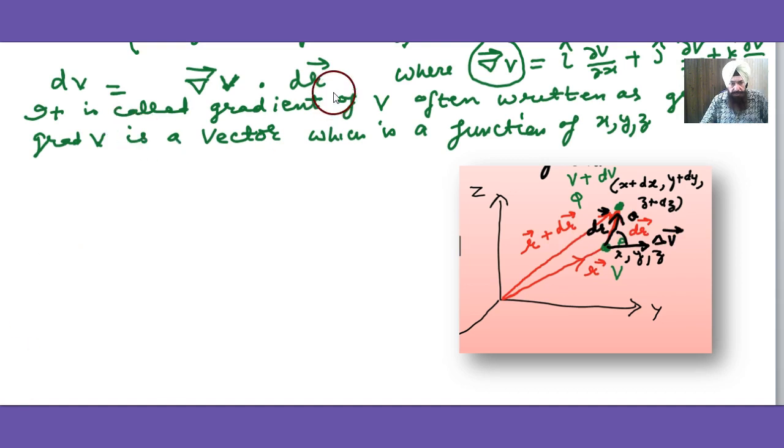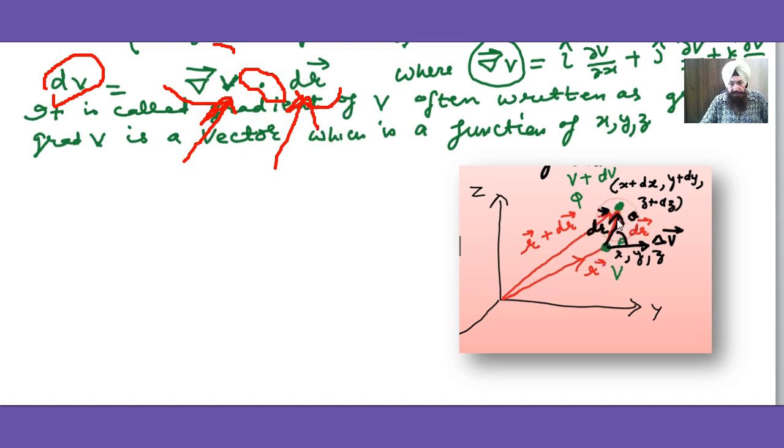Now dV is gradient V dot dr vector. The question is, because there is a dot product, there will be a cos theta, because A vector dot B vector is AB cos theta. That means there should be some angle between gradient V and dr. Now we know very well dr is along this side.